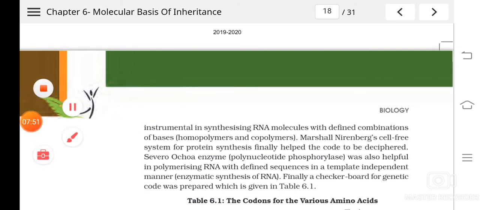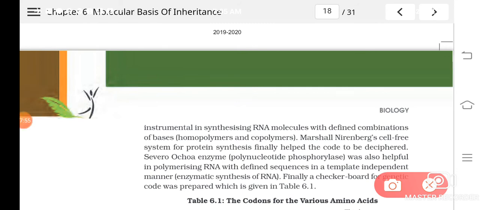Then another scientist, Marshall Nirenberg, could synthesize protein in a cell-free system, meaning outside the cell he could synthesize protein or amino acid chains. In this process an enzyme was used, Severo Ochoa's enzyme, polynucleotide phosphorylase, which was helpful in polymerizing RNA.